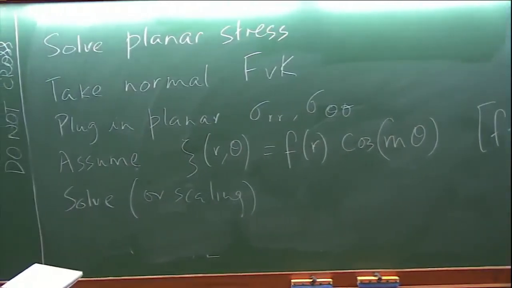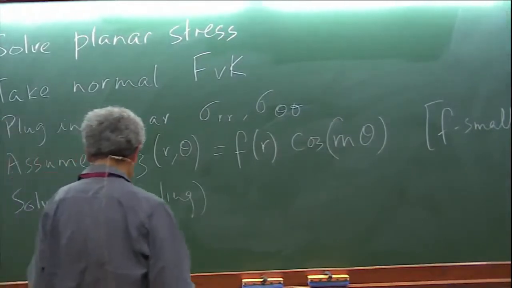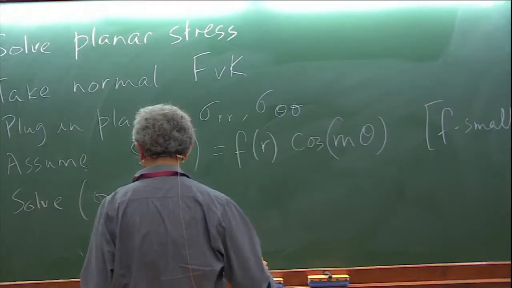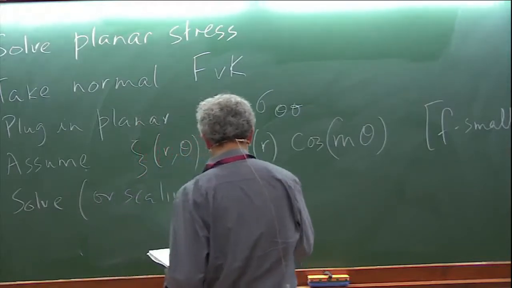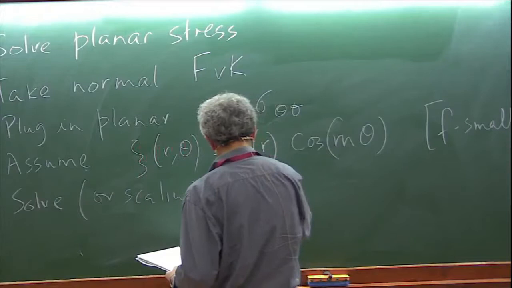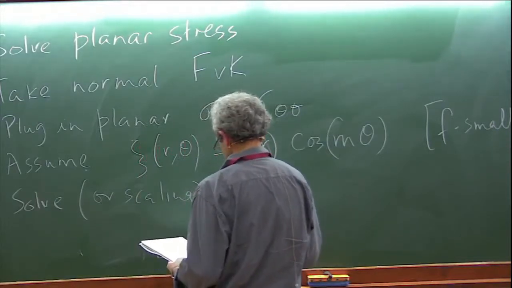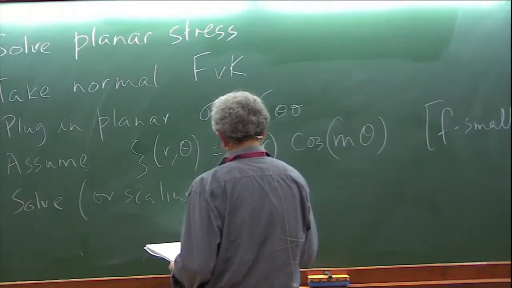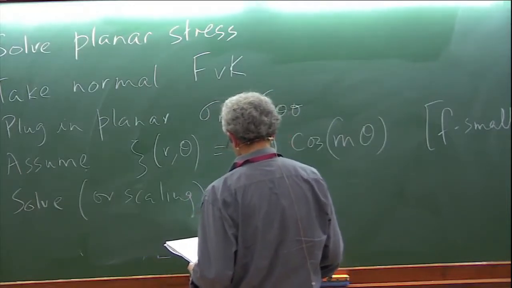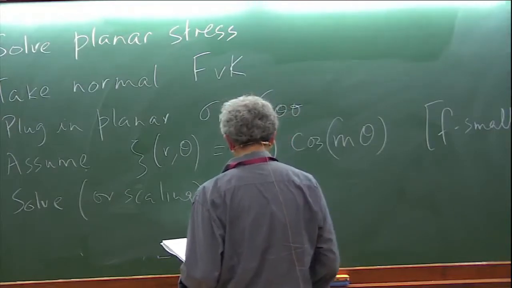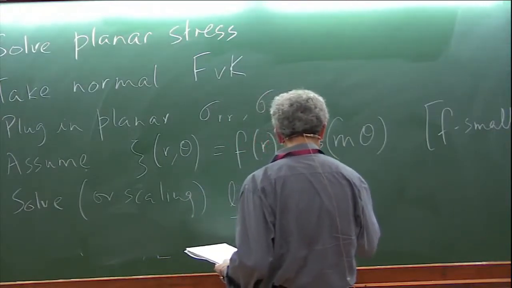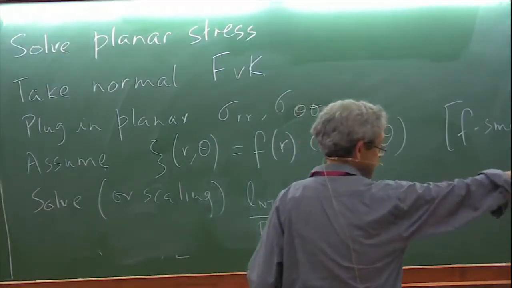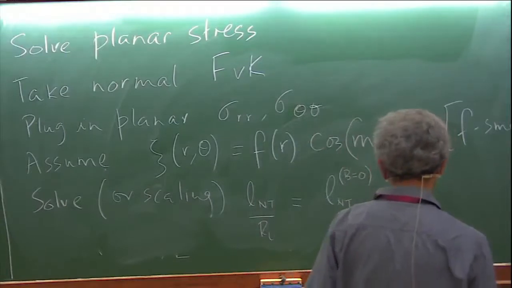What do I have? Well, we already got one answer, which is that the near threshold length divided by Ri, we got an answer for bending modulus equal to 0, okay, which is just that, the thing over there.